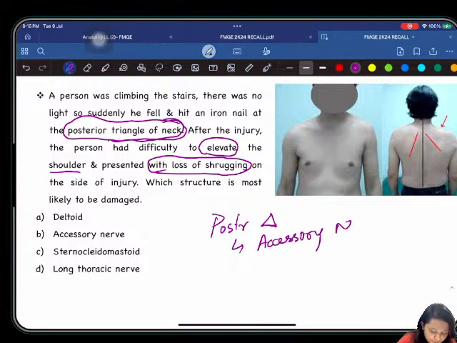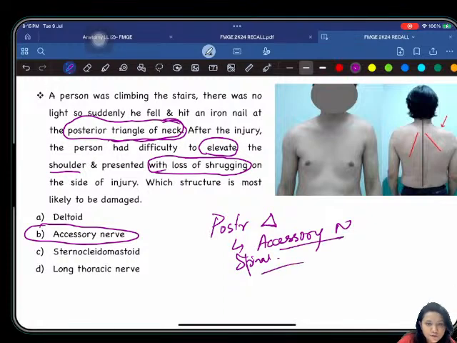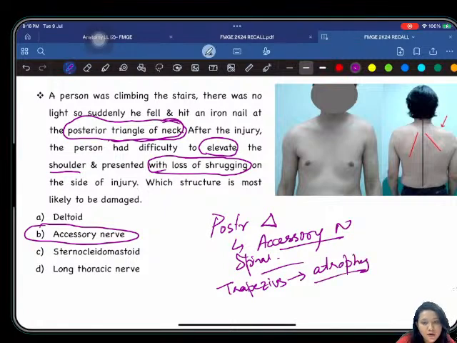So the answer should be accessory nerve, because if there is injury to this nerve, then the trapezius muscle will undergo atrophy, and there will be loss of shrugging on the ipsilateral side, meaning the same side, and difficulty in elevation of the arm.